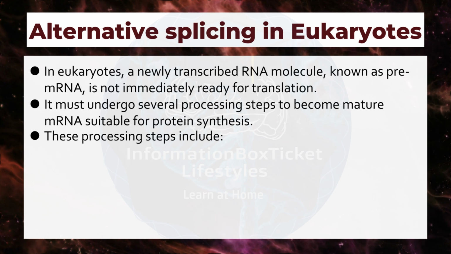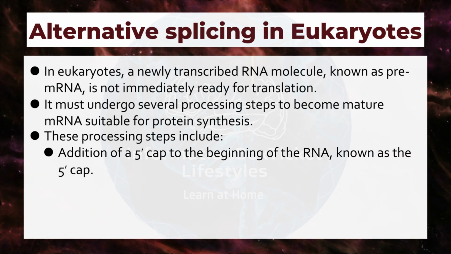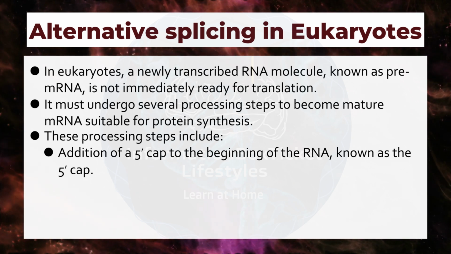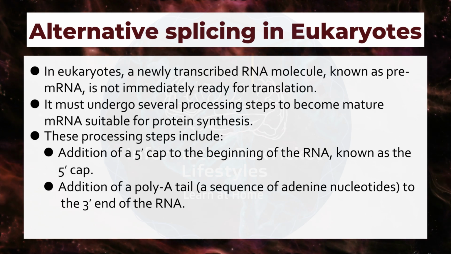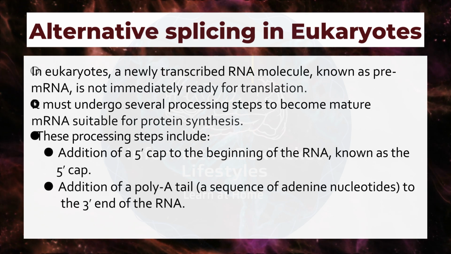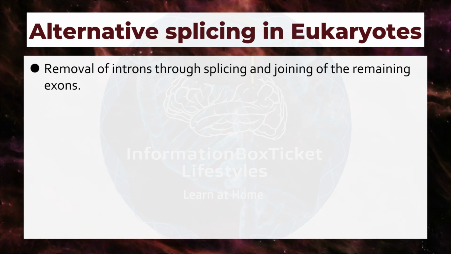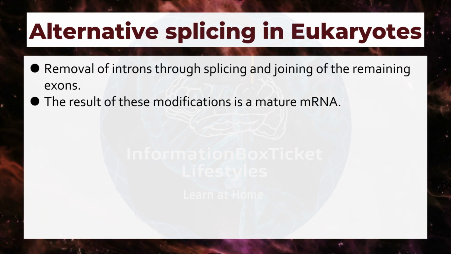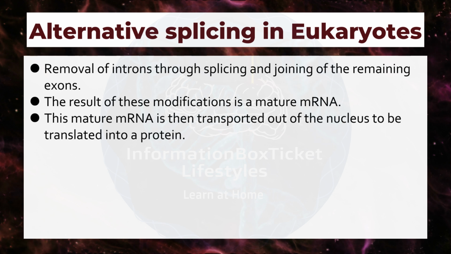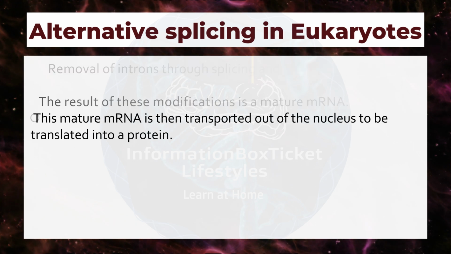These processing steps include addition of a 5' cap to the beginning of the RNA, addition of a poly-A tail, a sequence of adenine nucleotides, to the 3' end of the RNA, removal of introns through splicing and joining of the remaining exons. The result of these modifications is a mature mRNA. This mature mRNA is then transported out of the nucleus to be translated into a protein.